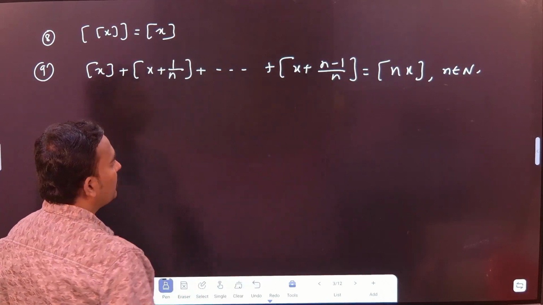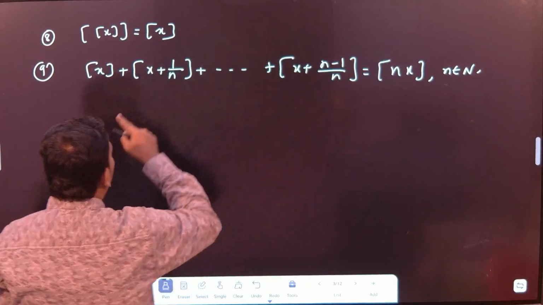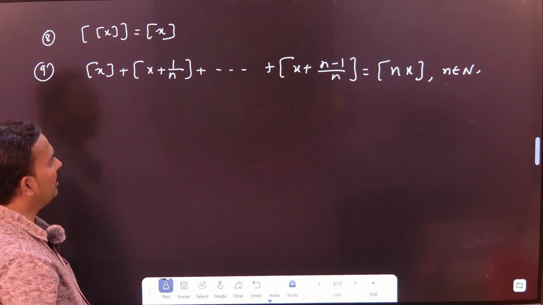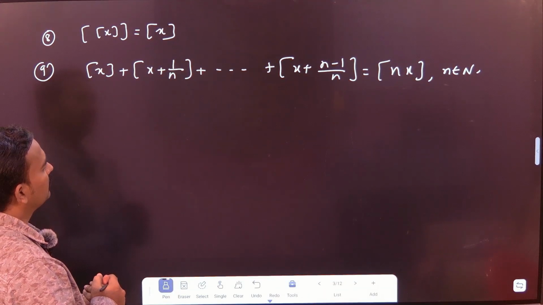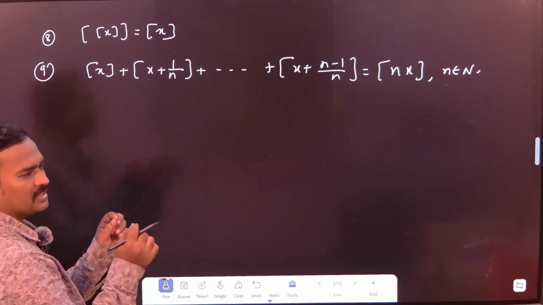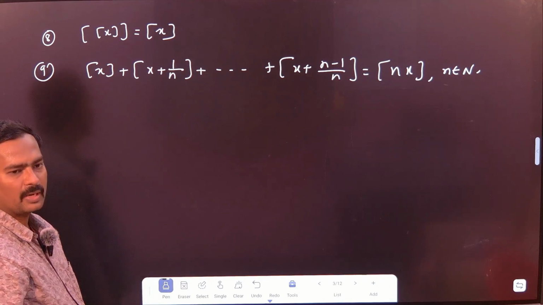First term we will get. If n is equal to 2, you put 2 minus 1, it is 1 by n, x plus 1 by n, the second term you will get, right? I hope everyone understands, right? Okay. This is the set of the series, right? It is always the greatest integer function of n times x, n belongs to natural numbers, right?